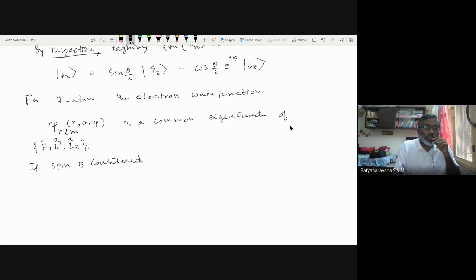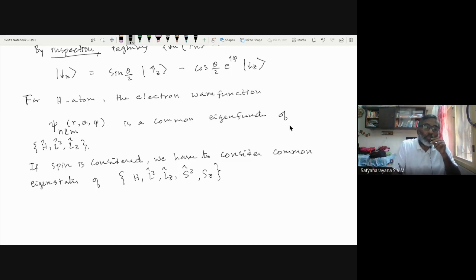If spin is considered, we have to consider common eigenstates of Hamiltonian, L square, LZ, and there is some S square and SZ. Because for every angular momentum, L square and LZ or S square and SZ, you have to.